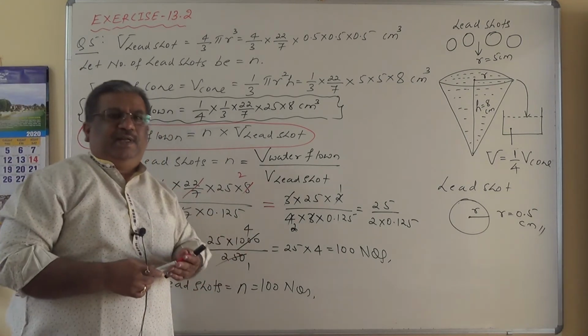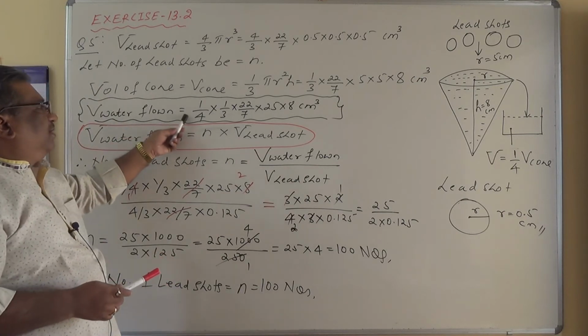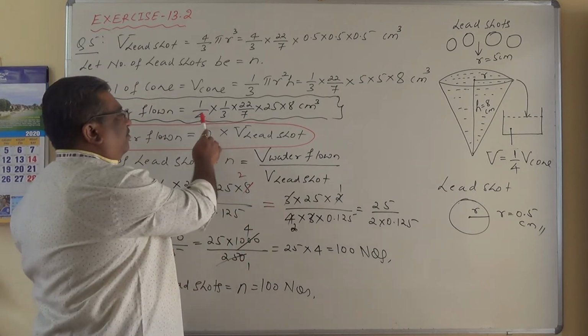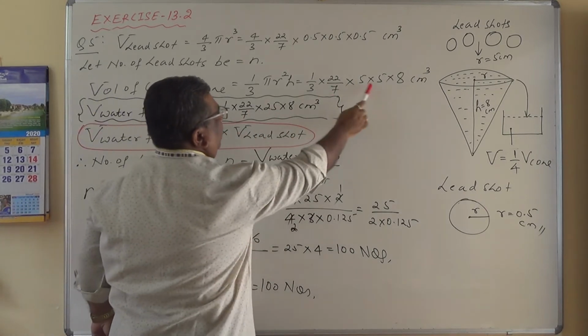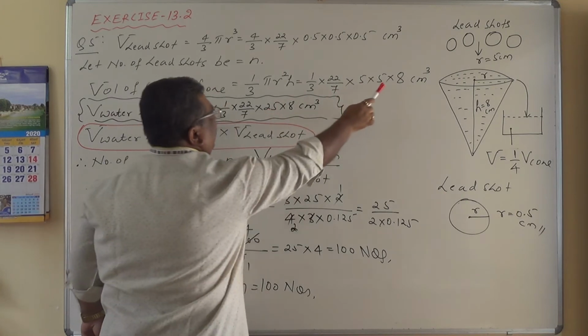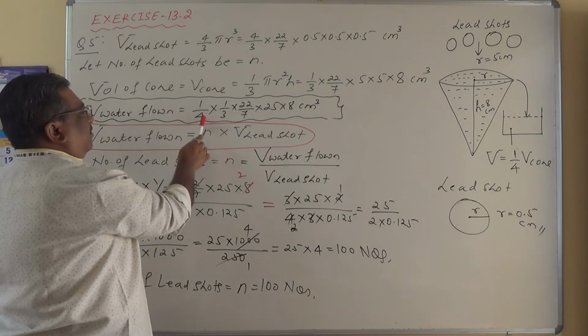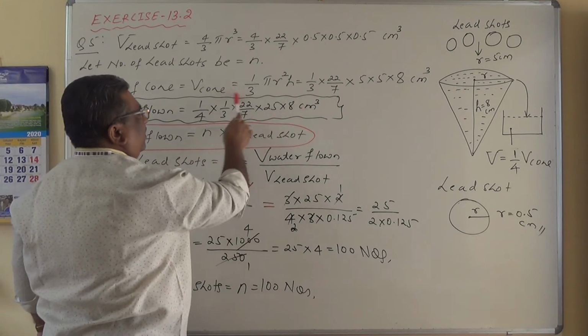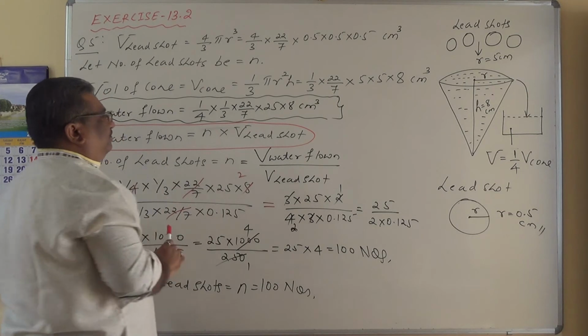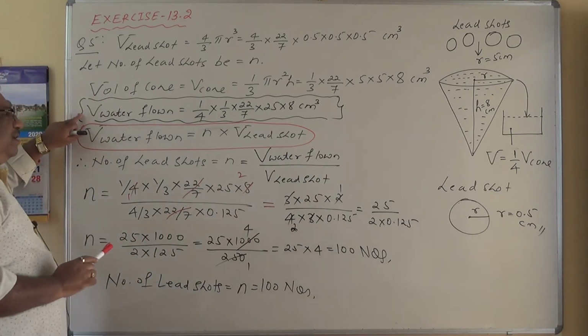Information given is volume of the water flown is equal to 1/4 the volume of the cone here. 1/4, this is the volume of the cone: 1 by 3 into 22 by 7 into 5 into 5, 25 into 8. So 1/4 of the volume of the cone, 1 by 3 into 22 by 7 into 25 into 8. So this is the volume of the water flown.